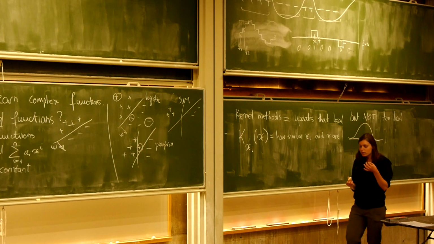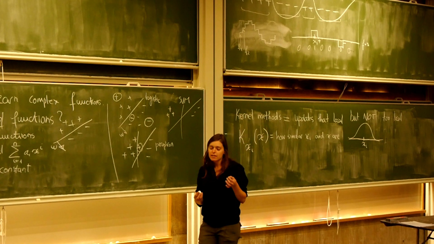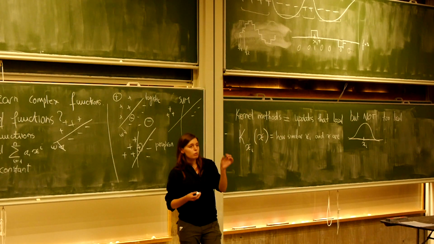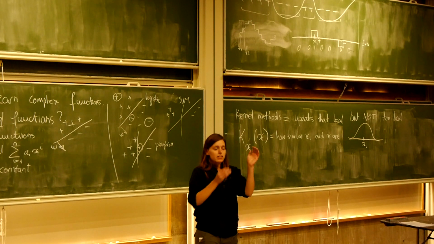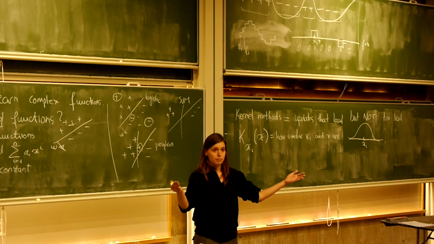And what kernel methods do with this concept of a neighborhood with this kernel is that they say, OK, we shouldn't do these super local updates. Let's just update the entire neighborhood proportional to the similarity.